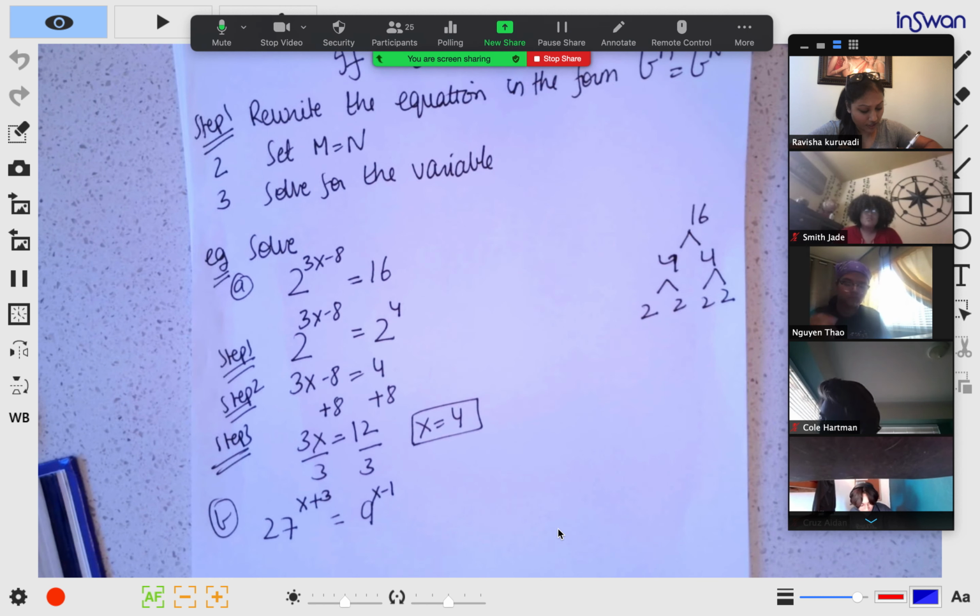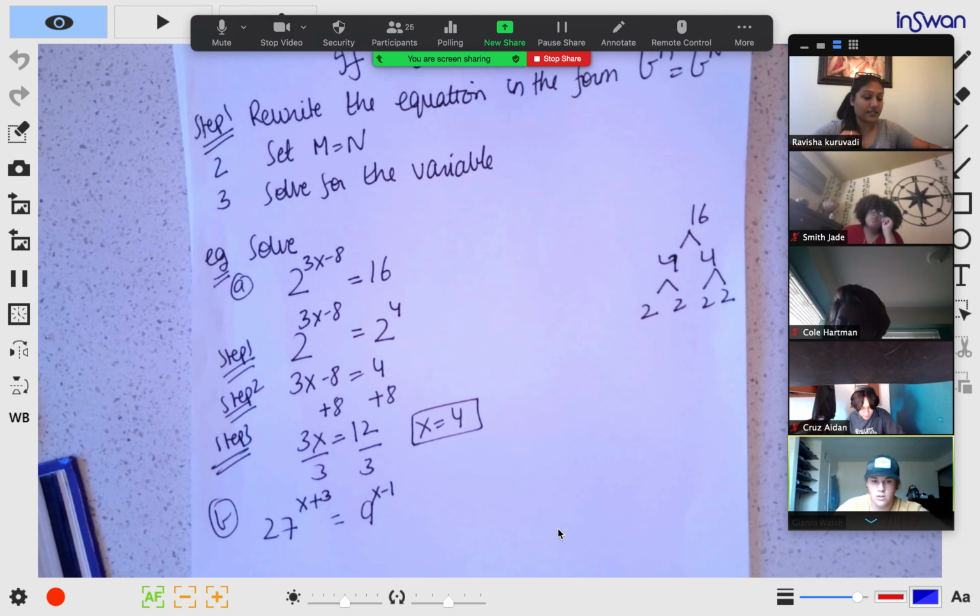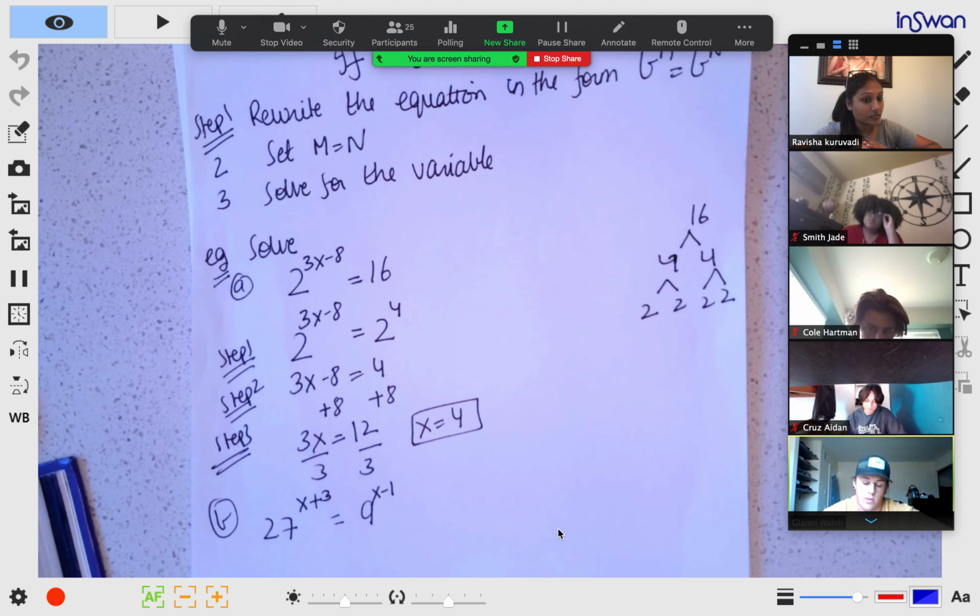Okay. Gianni? Let's see here, this one. I want to make the base the same. This 27 and 9. So we got 27, which would be 9 times 3.